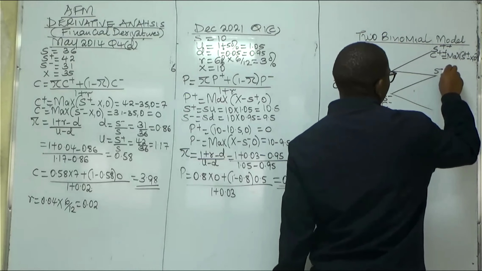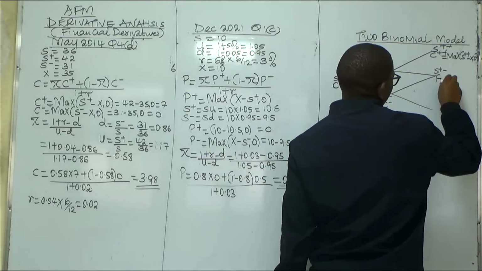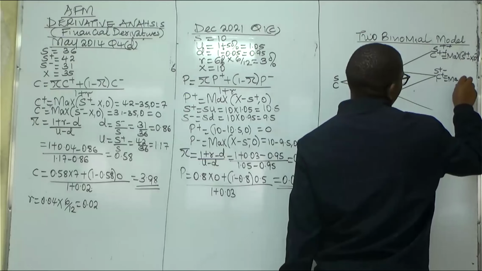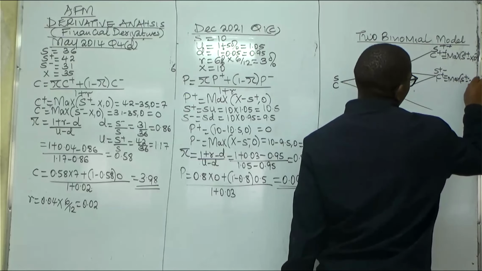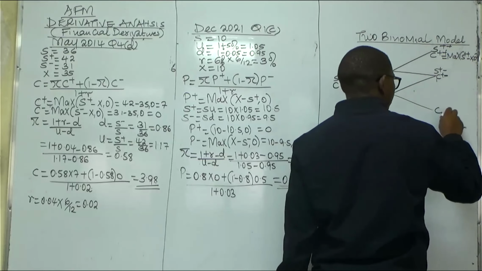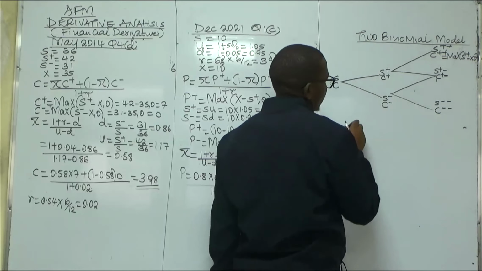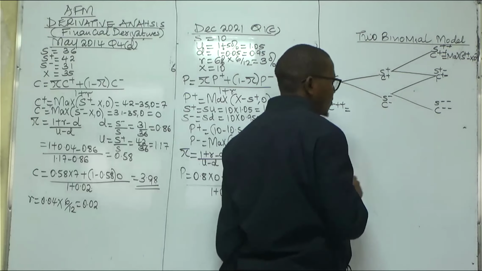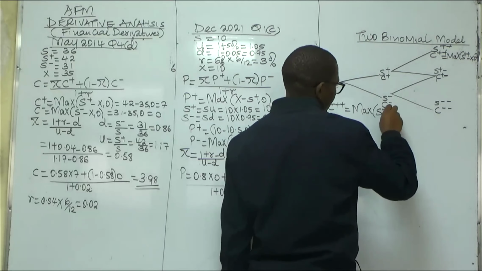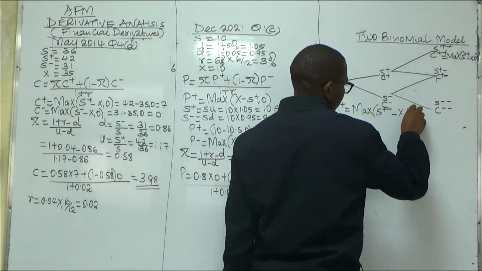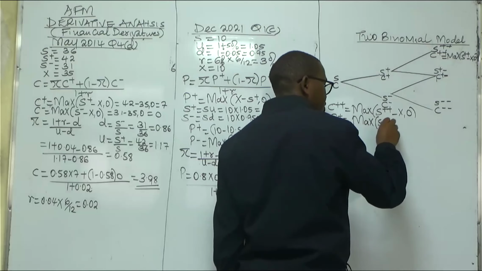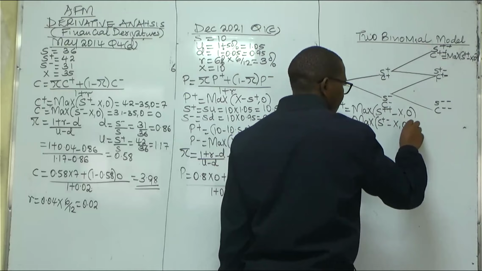Here it will be S plus minus, meaning that what we need is C plus minus, which will be the maximum of S plus minus minus X compared with 0.